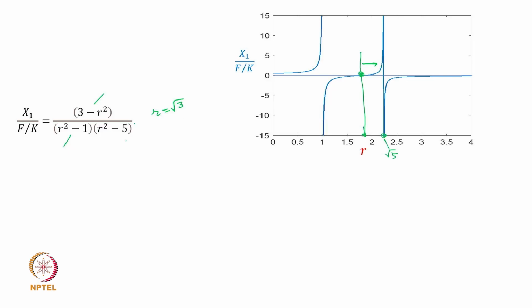So there you get another resonance because of this term, and then you have large amplitude, and then after this, when r is more than square root of 5, your response is again back to negative value, and that is how the response changes with the force frequency ratio. So the point is, 2 degree of freedom will have these two resonances, okay, and the amplitudes will flip from minus to plus as it crosses through these resonances.